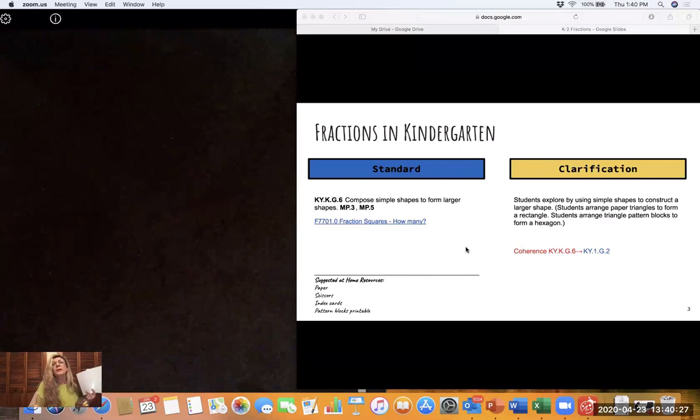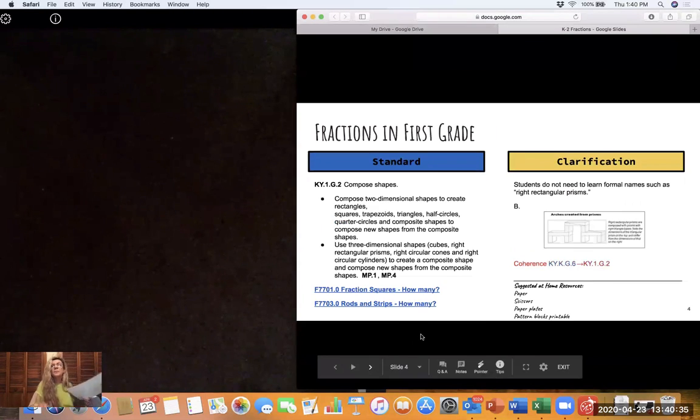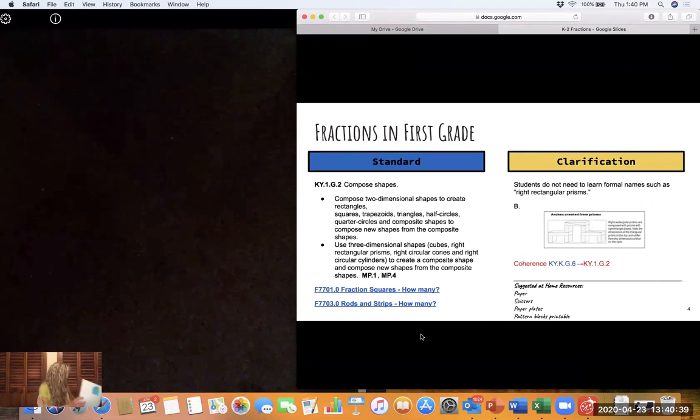So the next one, here we go, is a first grade standard. And it says those shapes. So you see we're building.